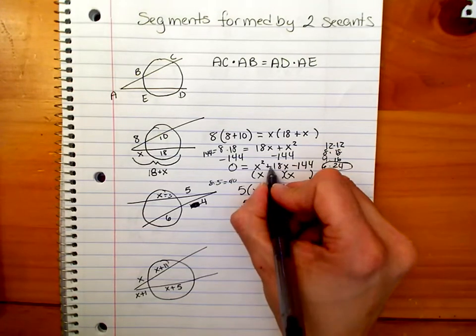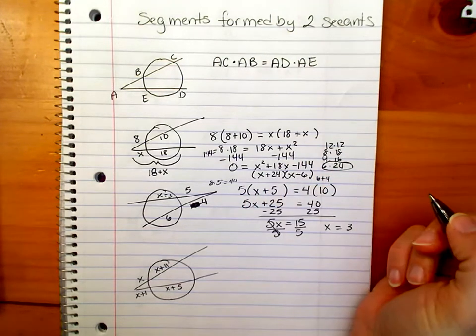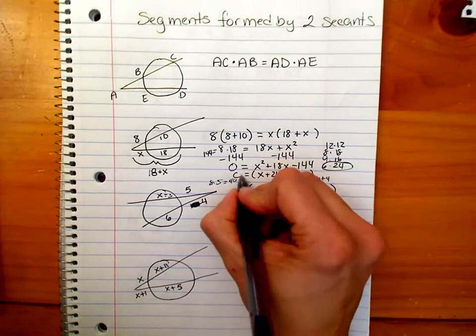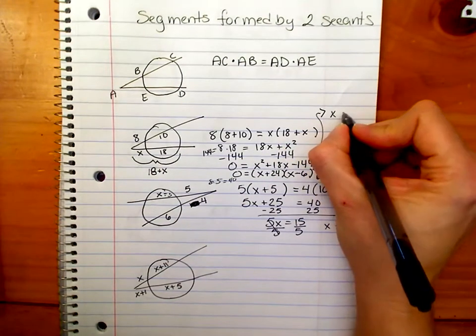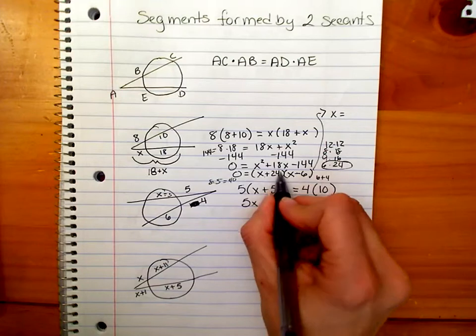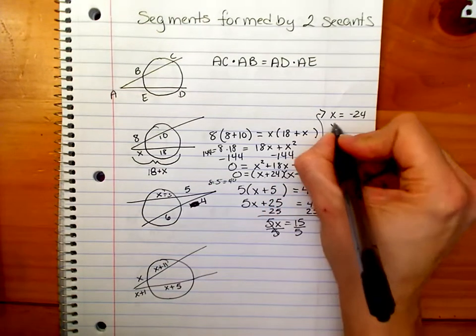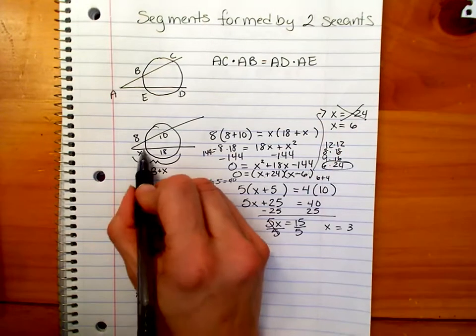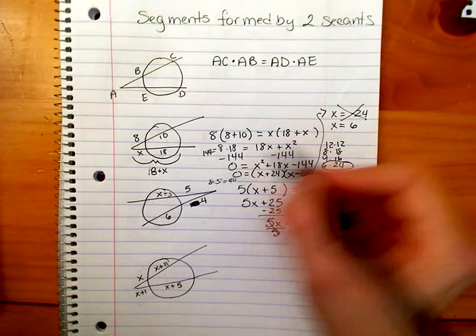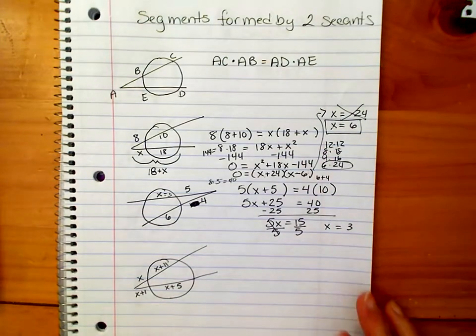So I know that since this is a positive 18, that's going to be a positive 24, and this is going to be a minus 6, equals 0. So moving up here, we know that x then, to make this 0, would be a negative 24, and to make this 0 would be a 6. We ignore negatives because this cannot be negative 24. So we know that our only option is x equals 6.